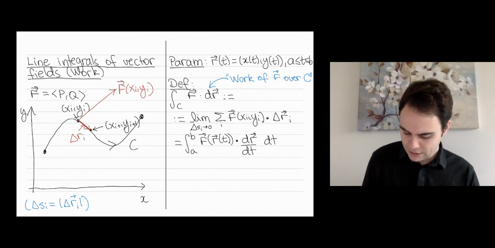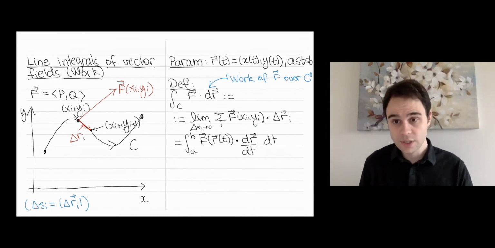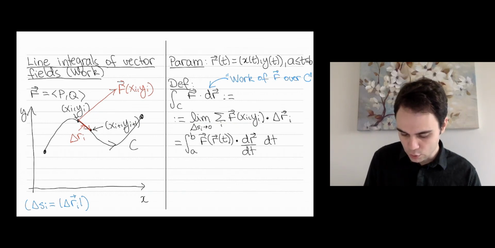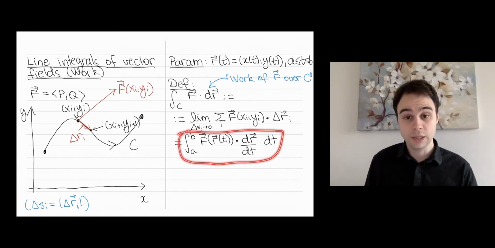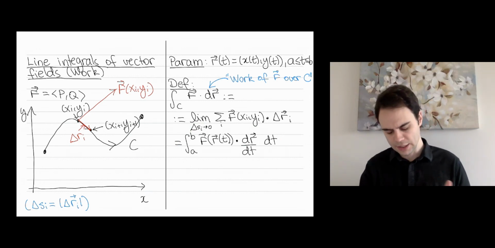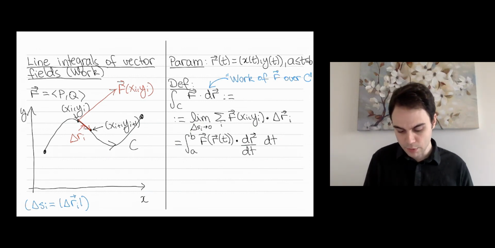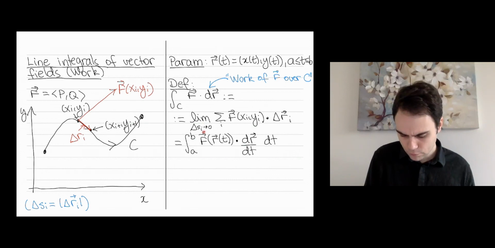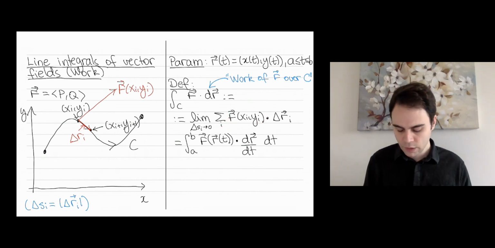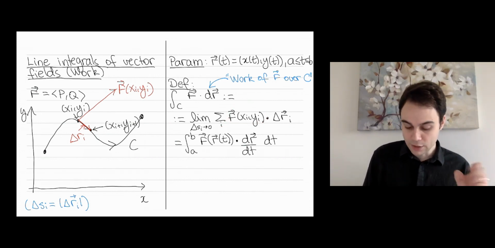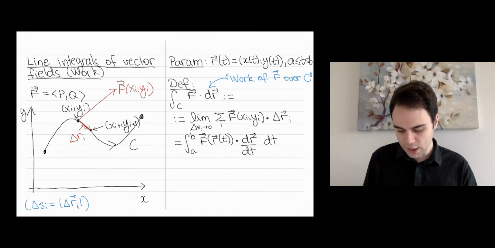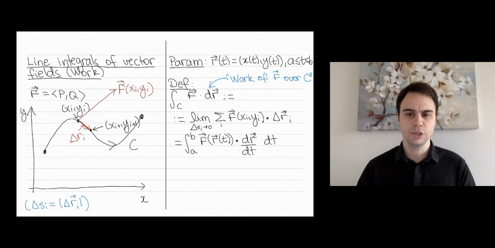So the reason this works is that when you interpret the single integral as a Riemann sum, you're adding the vector field evaluated at points in the curve, then you're taking the dot product of that with the velocity of the parameterization times dt.